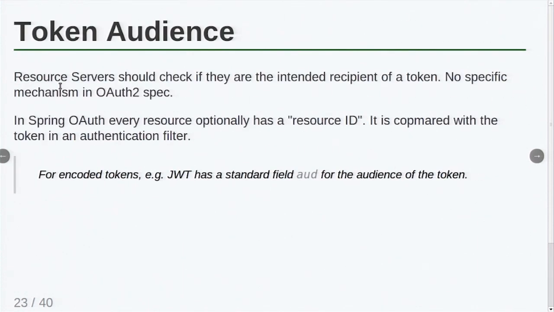Token audience, a bit more detail. You need to check if you're a resource server that the token was aimed at you. In Spring OAuth, every resource has a resource ID. That's the domain language that we use. In the JWT token, it's called an audience. In the spec, the OAuth2 spec, it doesn't mention it at all, so I feel like we're free to make that choice.